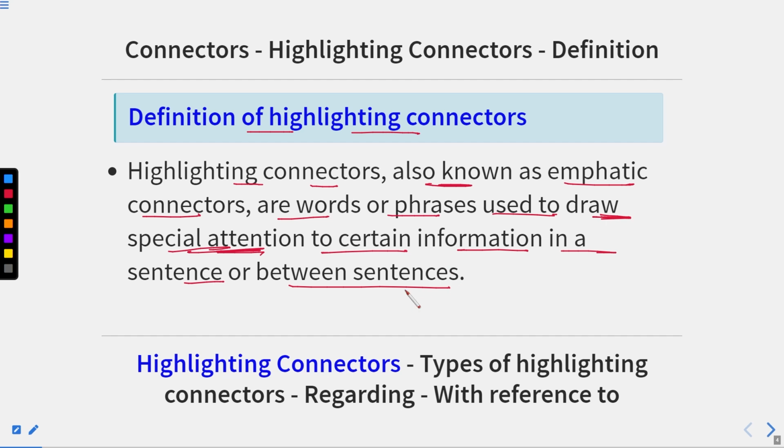Now, if we have a complete sentence, we can have a particular word or sentence which is very, very important, and with the help of this highlighting connector, we can emphasize that particular statement or sentence or word, whatever we want to highlight or emphasize. So just to specify or to point out that particular subject, we use this highlighting connector.